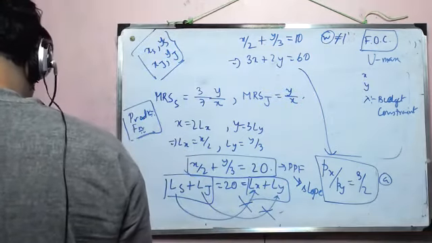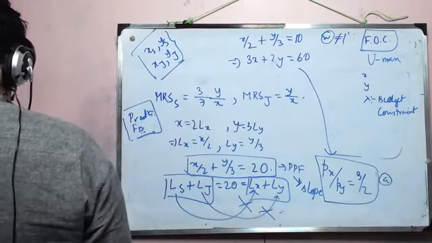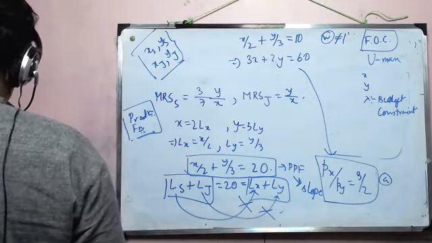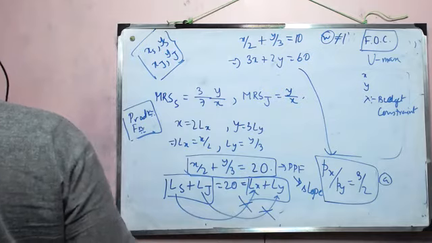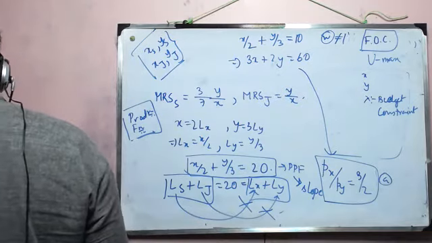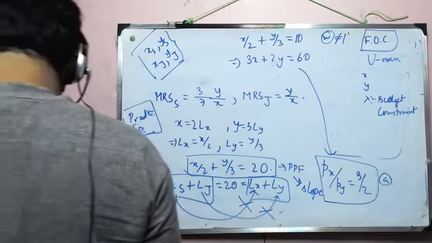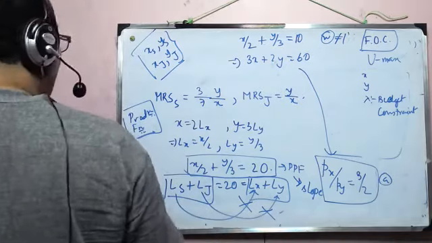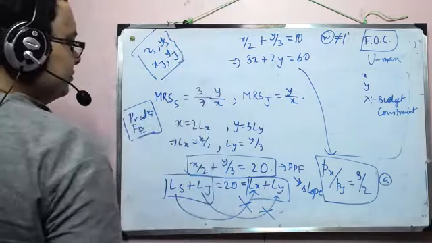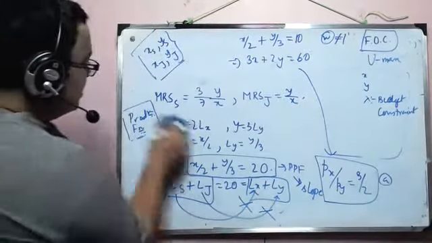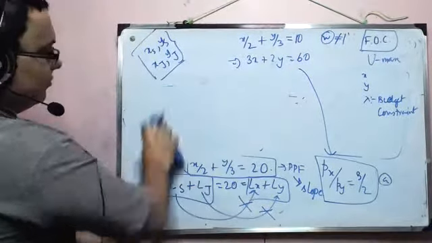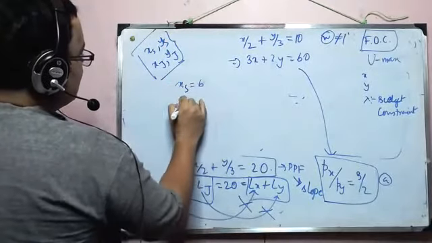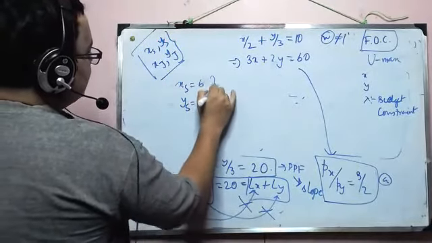So what are the amounts? If you solve them, let me see. For Smith, it's 6, then it's 21.